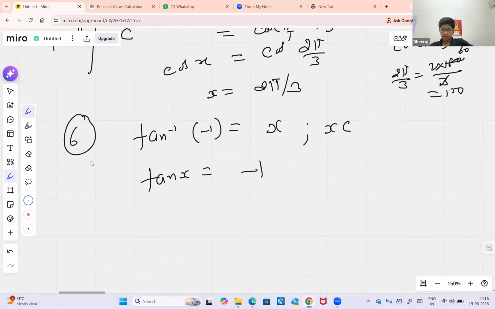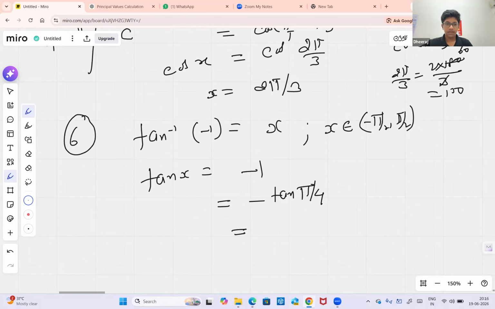The range of x for tan belongs to minus pi by 2 to pi by 2, open interval. So this will be tan of minus pi by 4. Correct?